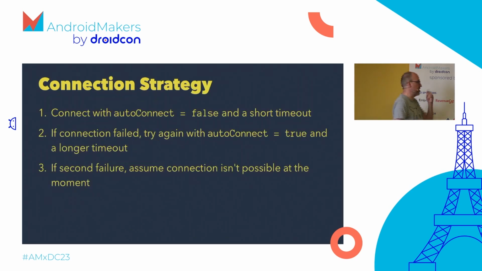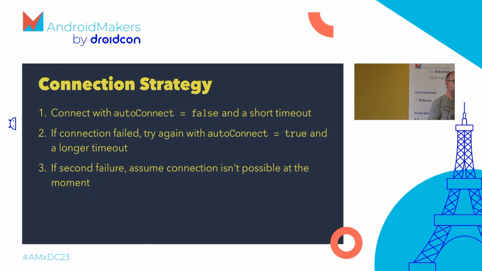So connection strategy. Auto-connect false, you start with that one, which means try to connect immediately. So once you have gotten a callback saying, okay, the device is nearby, if it's a companion device service or if it's a Bluetooth LE scanner that started your broadcast, you say, auto-connect false, try immediately. That will be the fastest way to connect. So shortest delay for the user.